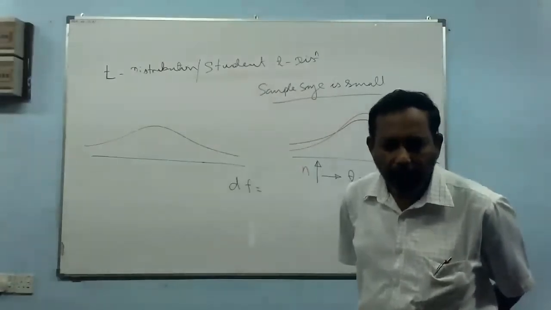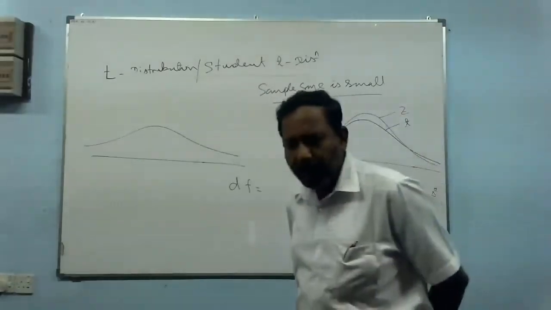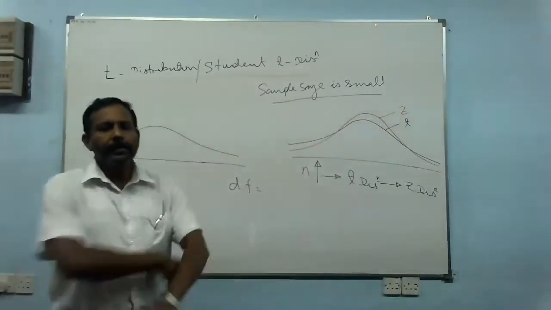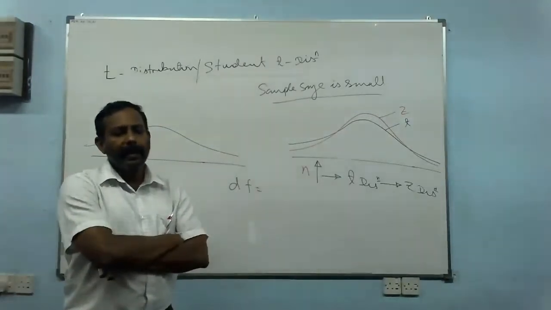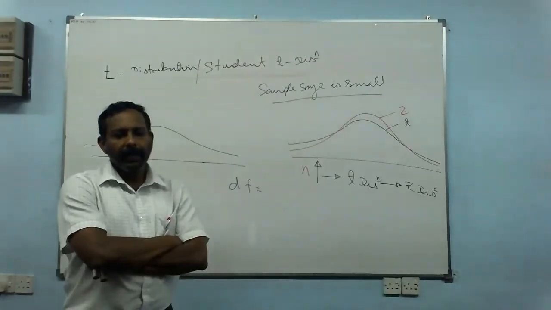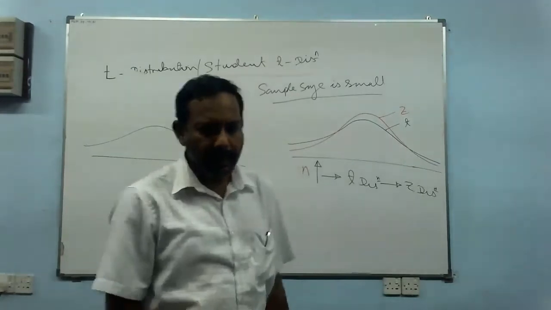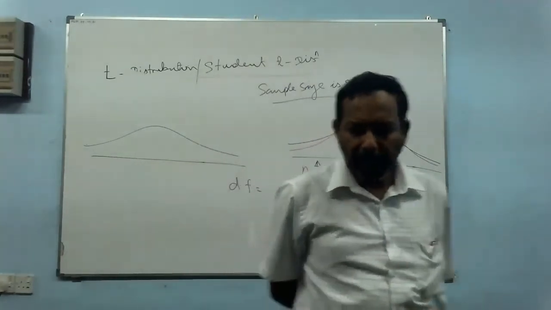Degrees of freedom. How can we write degrees of freedom in terms of n? I explained it in the second or third class.